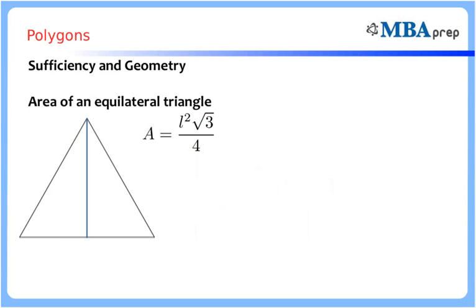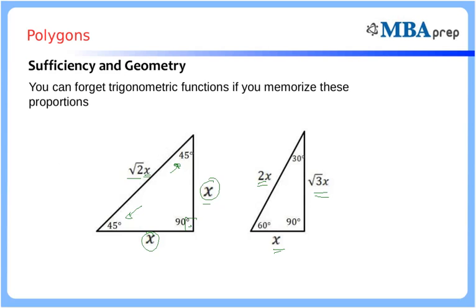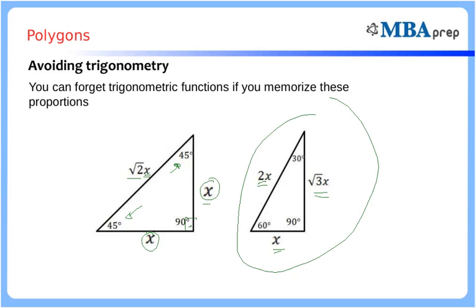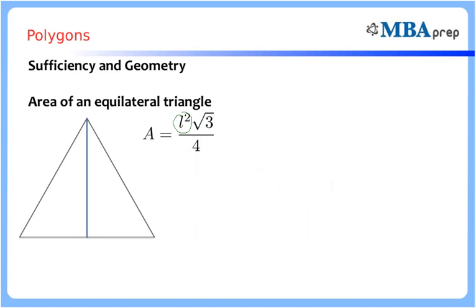Understanding a last thing about triangles is the area of an equilateral triangle. It only depends on one parameter, and we can do this using this example here. But it's important to notice, not the formula.